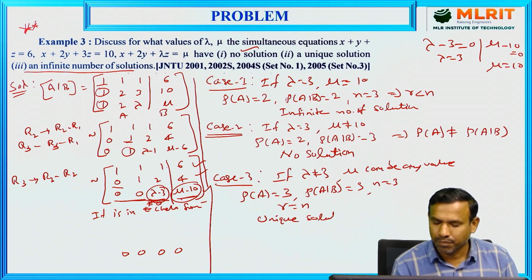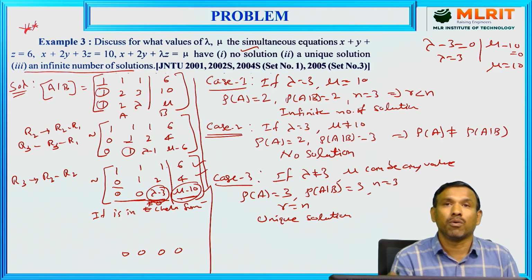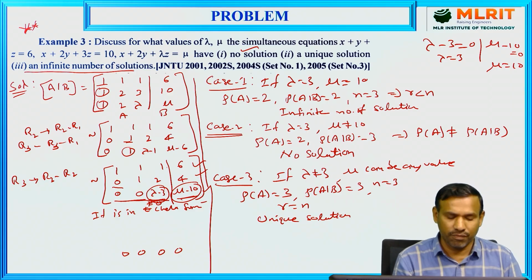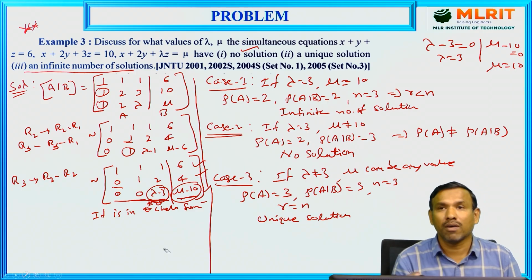See, clearly we have discussed for what values of lambda and mu the system can have a unique solution, infinite number of solutions, or no solution. Lambda is equal to 3, mu is equal to 10: the last row becomes a 0 row, so infinite number of solutions because rank is less than n; rank is 2, unknowns are 3.